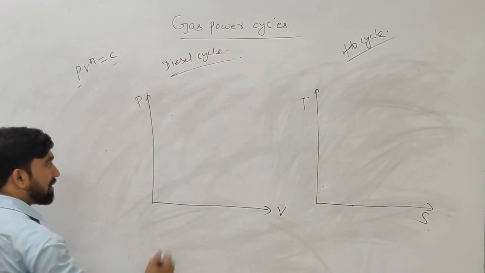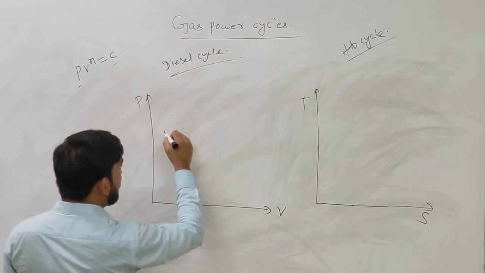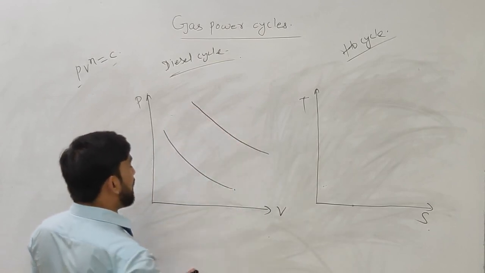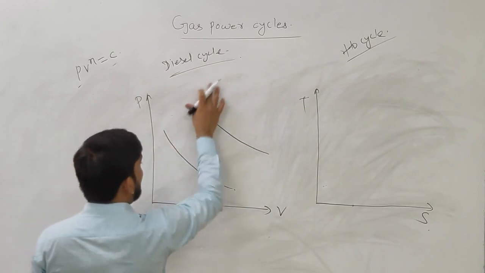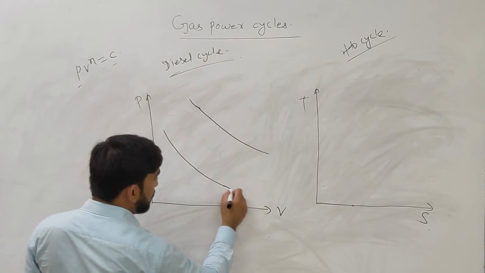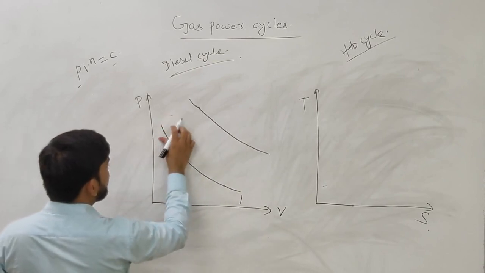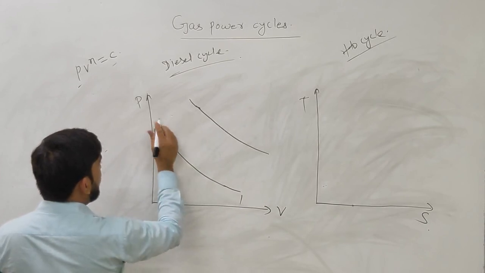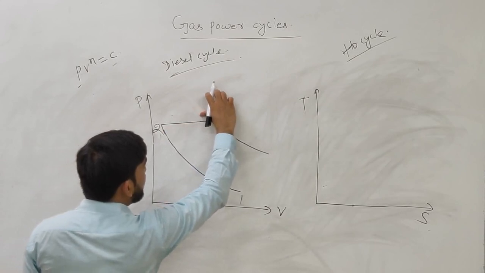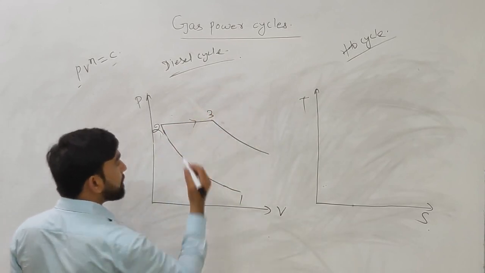So in Diesel cycle, again two reversible adiabatic or isentropic processes are there. Here it is 1 to 2, and 2 to 3 is a constant pressure process where heat is added. 2 to 3 is constant pressure.